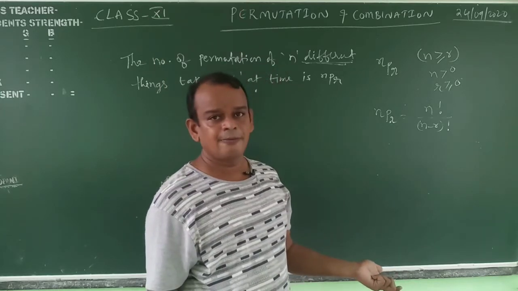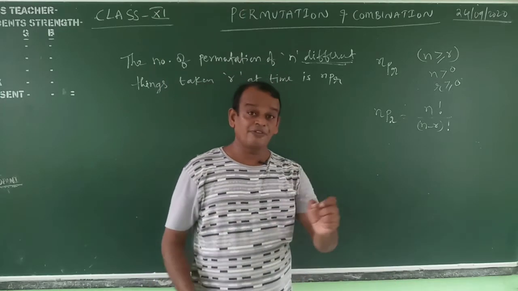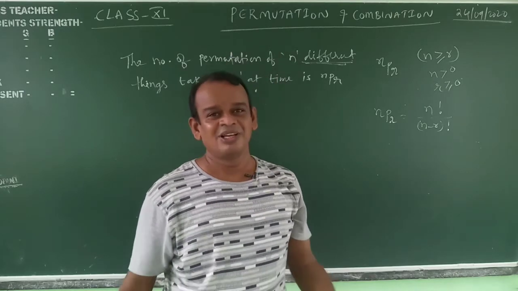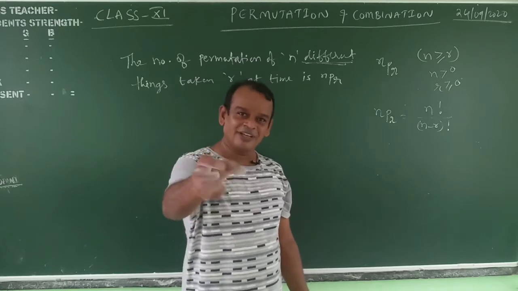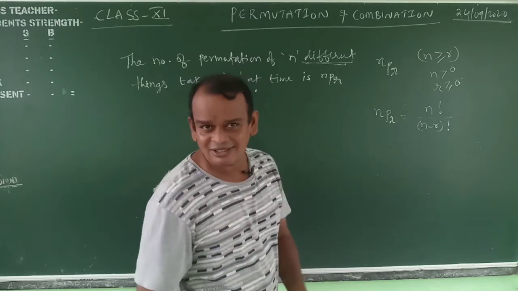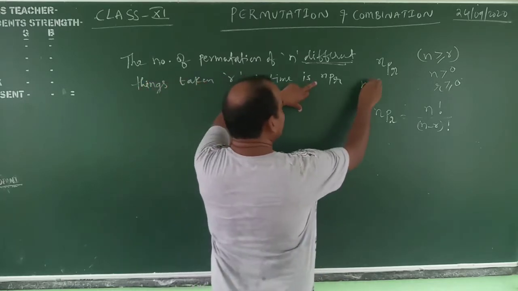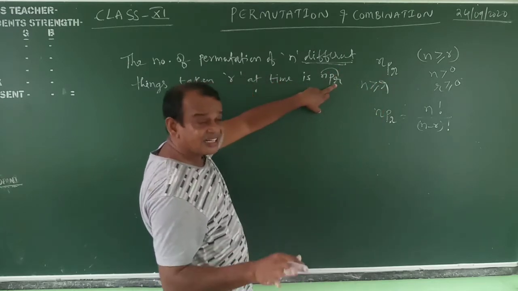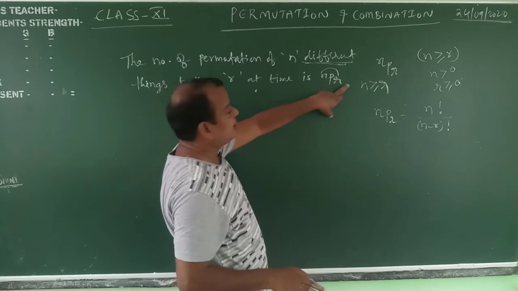Not possible. Find the number of ways of selecting 6 students out of 5 students. Total number of students 5, can we select 6 students? Is it possible or not? Not. That's why here n is greater than or equal to r.